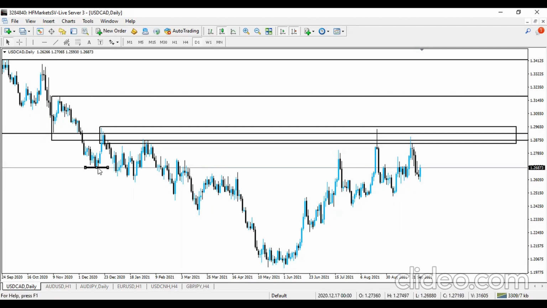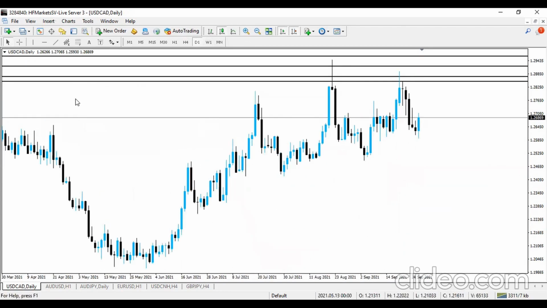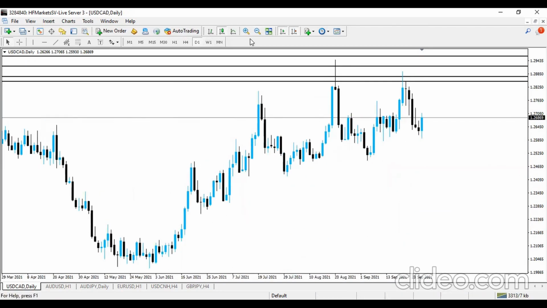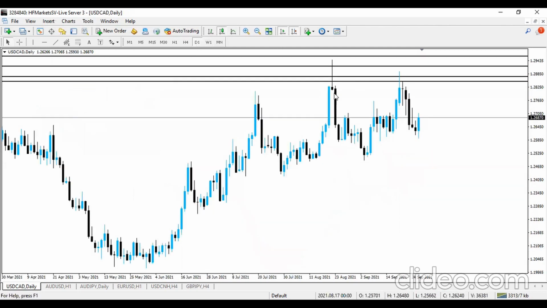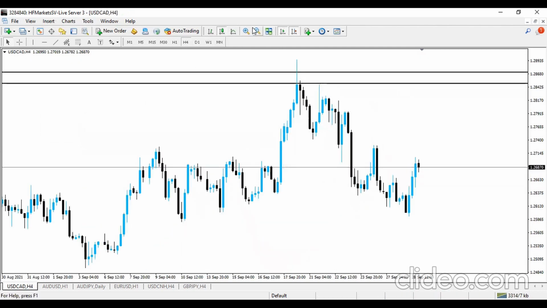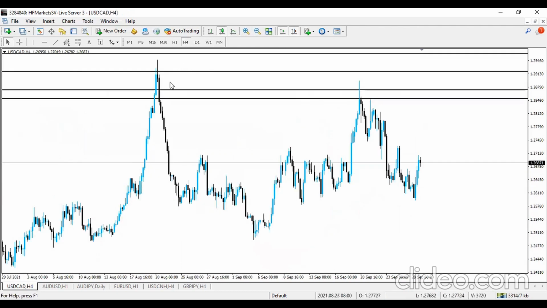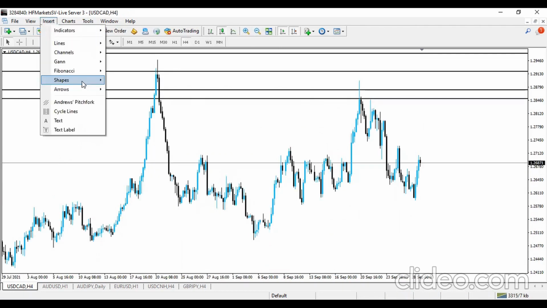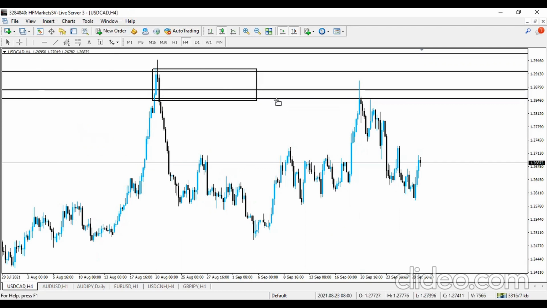Structure has been taken out here. So this particular region was a clear order block, to give us more signals to sell USD CAD. You can see how price came back into the 4-hour order block. This was the 4-hour order block on USD CAD. You can see the sell.